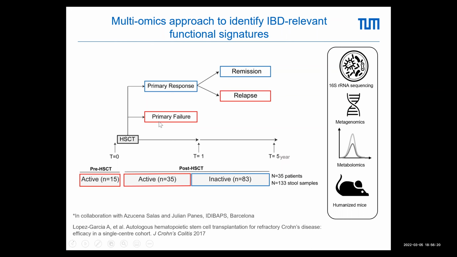So we followed the patients over time, and we formed groups of patients. Some patients responded to the treatment and stayed in long-term remission, and some of them actually relapsed after some point, while some other patients did not respond to the treatment at all.